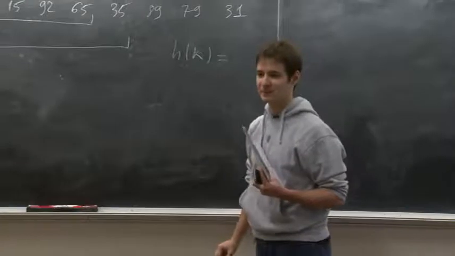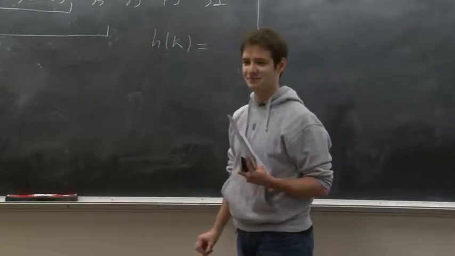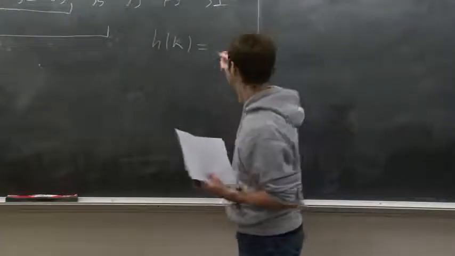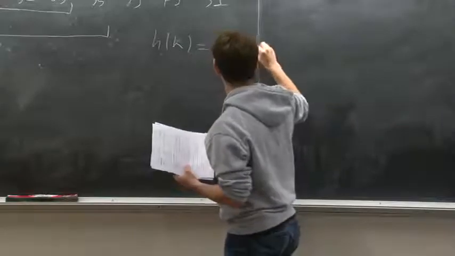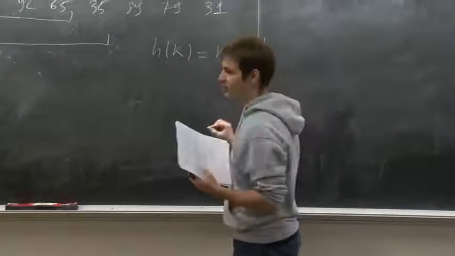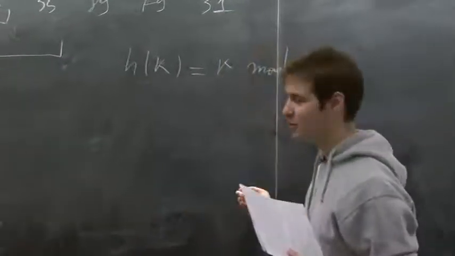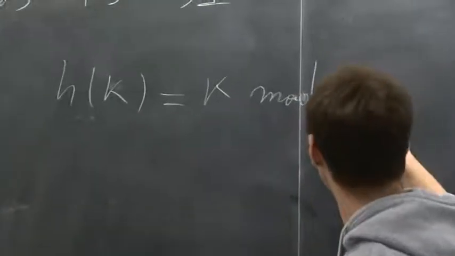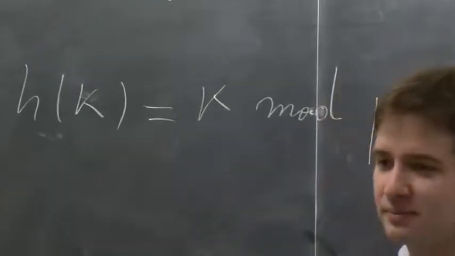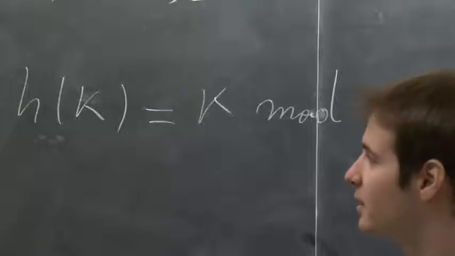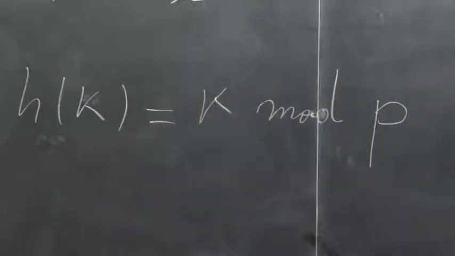It's one of the two. Okay. Something like that. I'm going to say k mod something, and I'm going to say that that something has to be a prime number, and we'll see why in a bit. Let's say our prime number is 23.